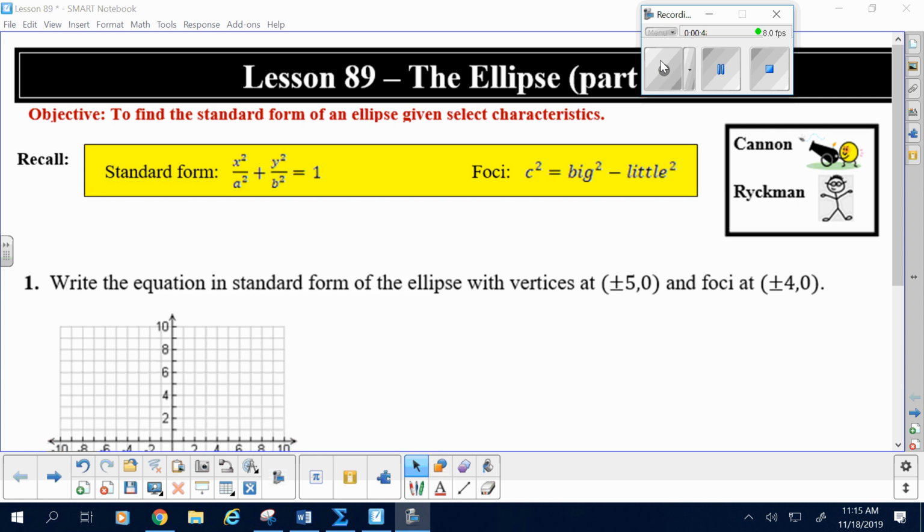So, if we are so inclined, we can find the foci by taking the distance to the focus, for each foci, which is c. We get that by subtracting the big number squared minus the little number squared. Now remember, the foci are always on the long axis, yeah?